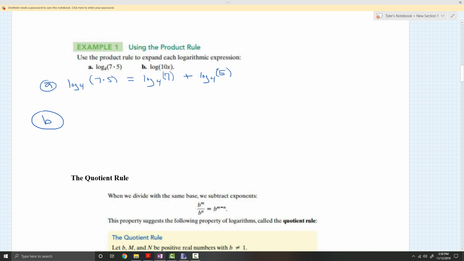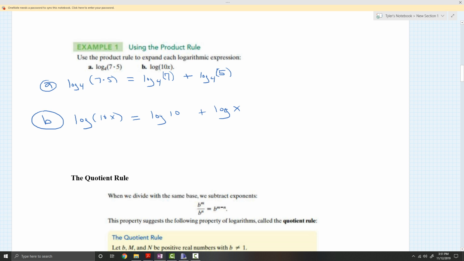And then for part B, I have log of 10x. Don't forget, since there's no base written, it's understood that it's the common logarithm, base 10. So this would be equal to log of 10 plus log of x, using that product rule.